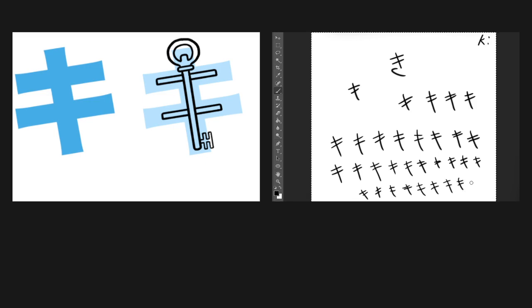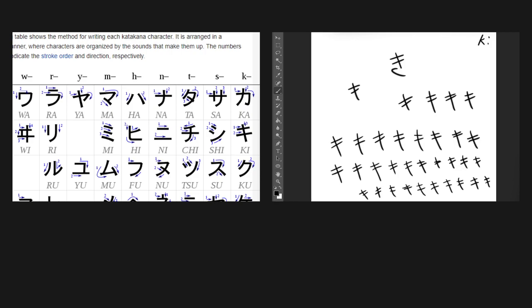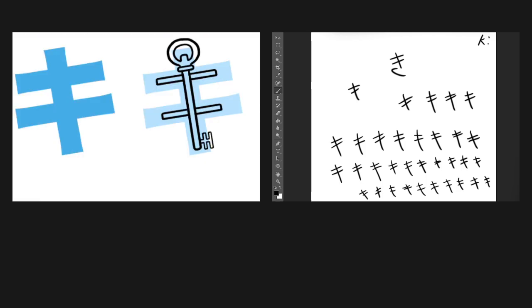If I slow down a bit, I can get them a little bit nicer looking. And yeah, stroke order. I think I have the stroke order correct. I think it's the same, which is two horizontals and then the vertical line. Okay, so that's ki.